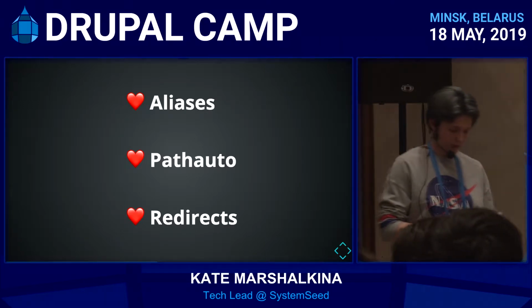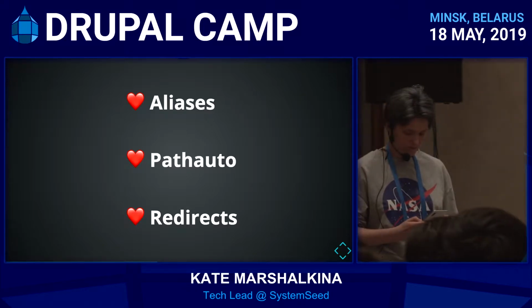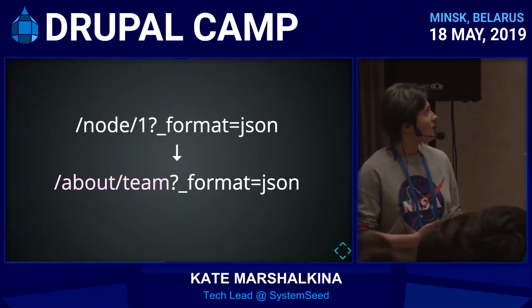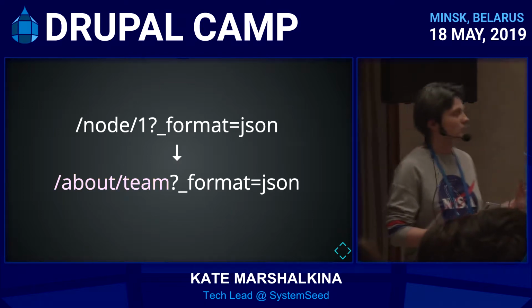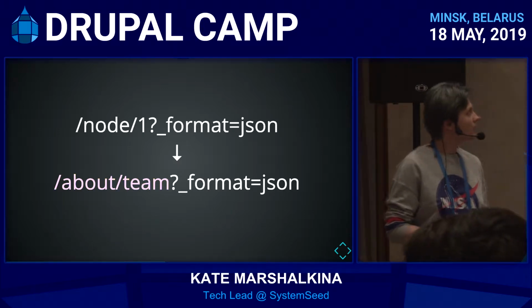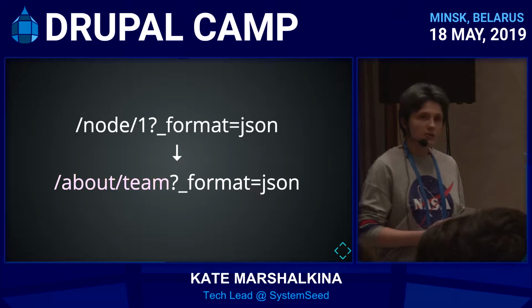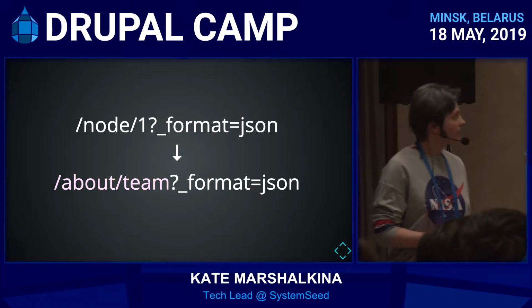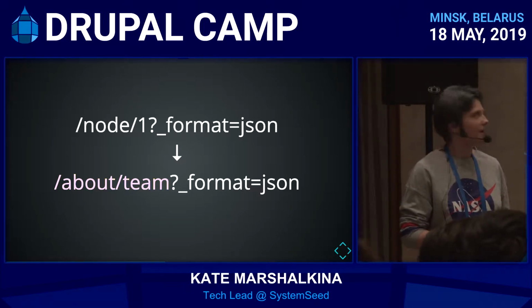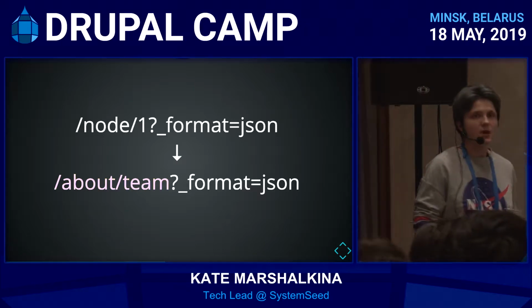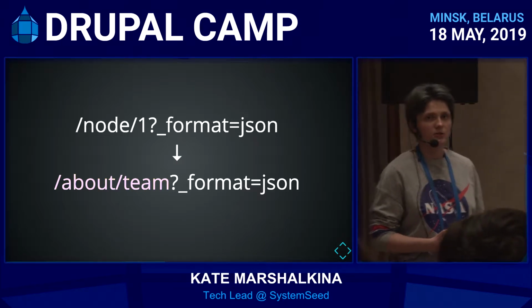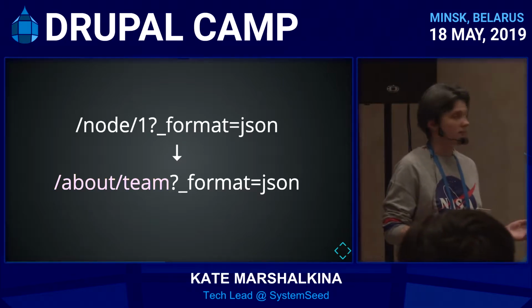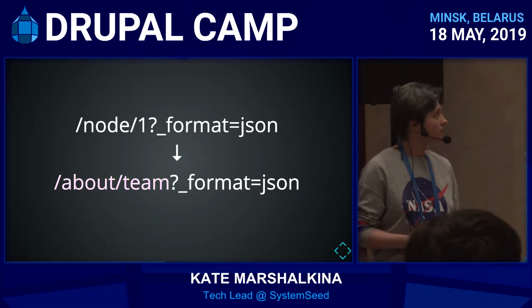So what does it mean? When you request a node or any page in Drupal, Drupal redirects you automatically to a correct, most recent path for that resource. This is how it works for HTML format, obviously, and this is how it actually works for any REST format.